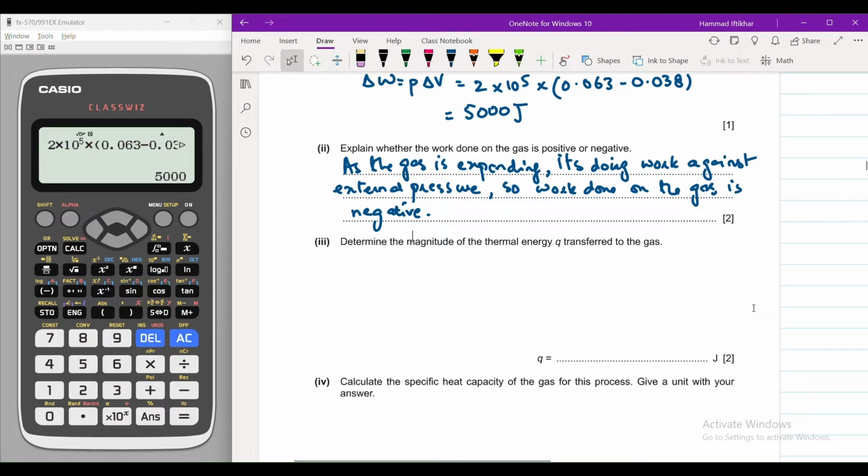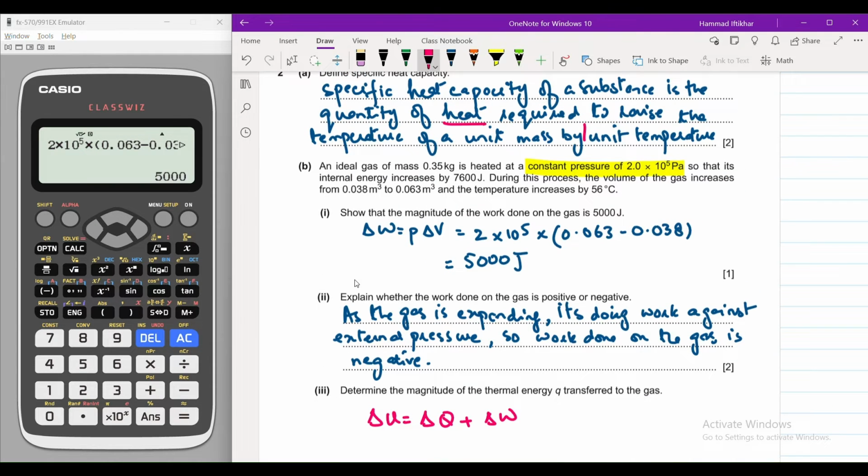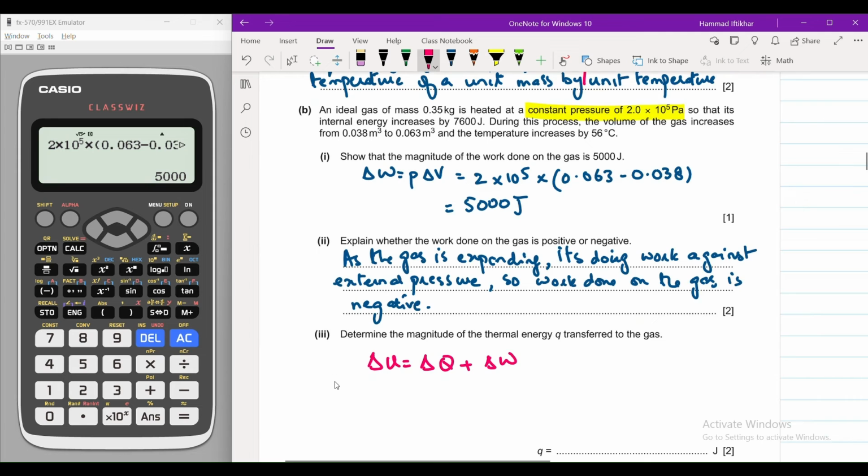Determine the magnitude of thermal energy Q transferred to the gas. Now transferred to the gas, we have to use the change in internal energy, thermal energy, and work done. So the change in internal energy was 7,600.